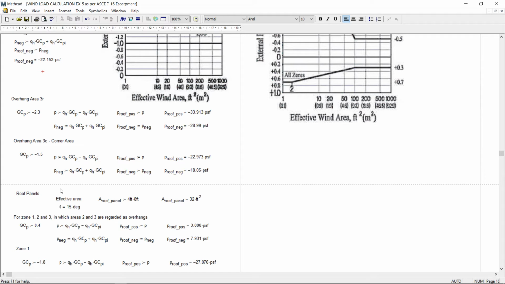So 12 multiplied by 4 is 48, multiplied by 2, one positive, one negative, that means 96 values have been calculated. Fine. So what will I do with all these 96 values? Which load case should I consider? This is very important, otherwise we will be lost.